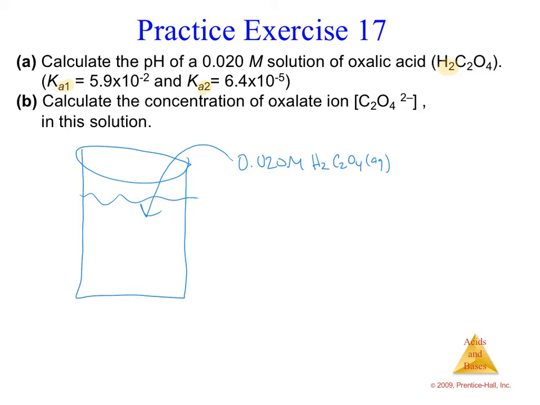If I had microscopic eyes, what would we actually see in that beaker? Well, I have some H2C2O4, the fully protonated acid. I also have some of the acid that lost one proton, HC2O4 minus, as well as C2O4 2 minus.